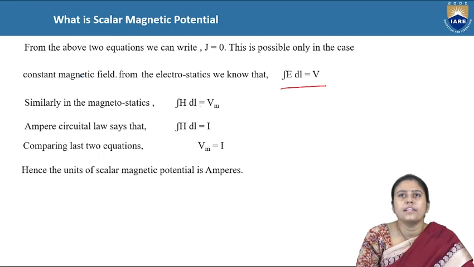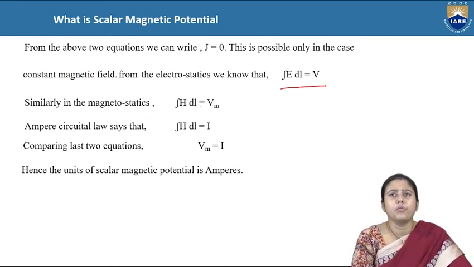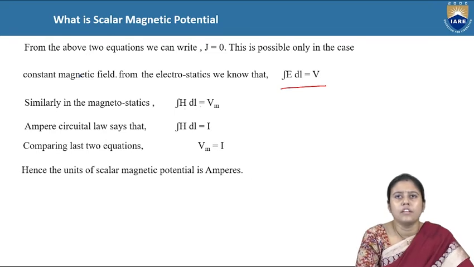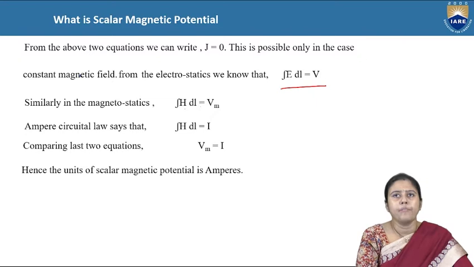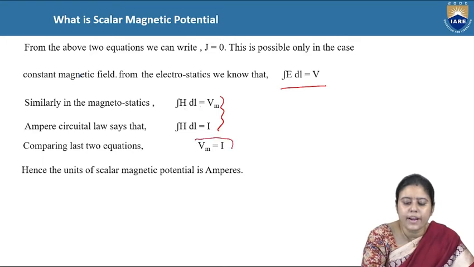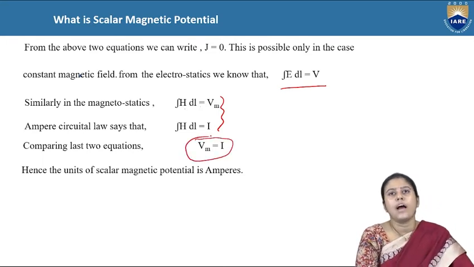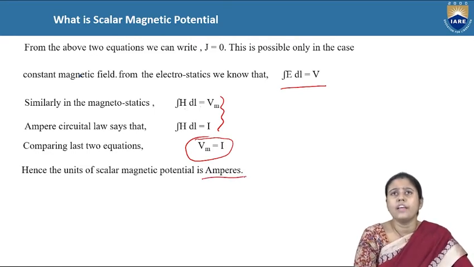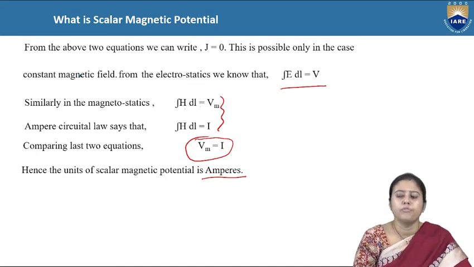If we take the integration on both sides, from the Ampere circuital law, the closed integral of H dot dl is equal to I. If we equate these two, we get the scalar magnetic potential equals I, and its unit is ampere. This is a very important thing. The unit of the magnetic potential is ampere, not volt.